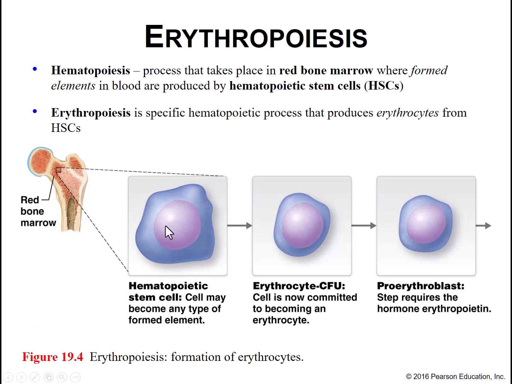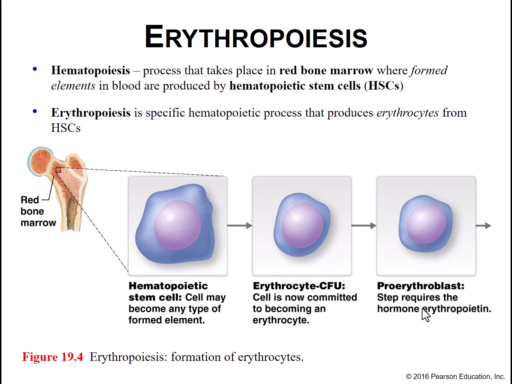Again, everything starts with the hematopoietic stem cell. Then it starts to differentiate because of growth factors that push it down this pathway. And so the first thing it does is commit to becoming an erythrocyte. Then it continues with the hormone erythropoietin.